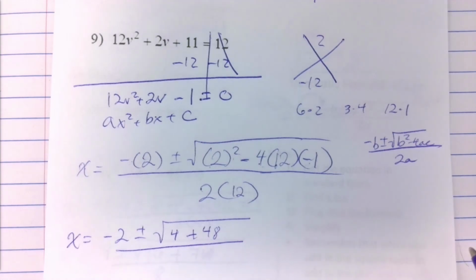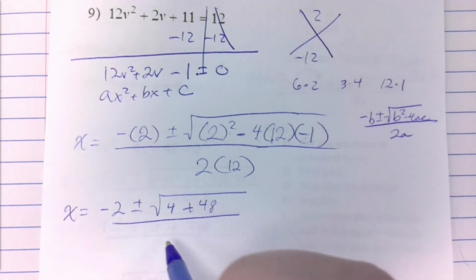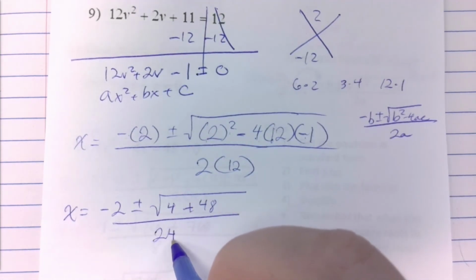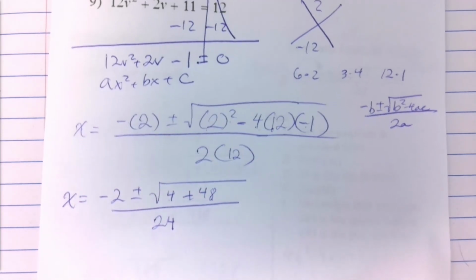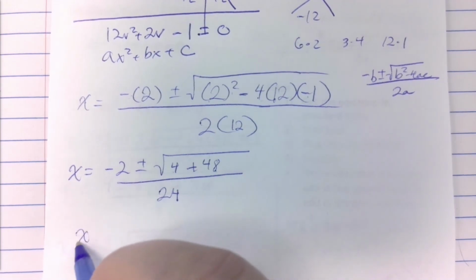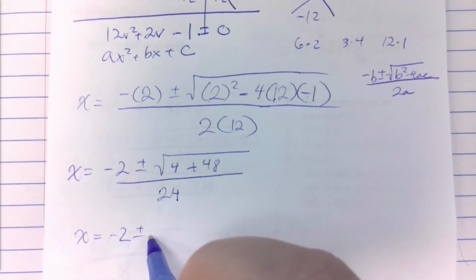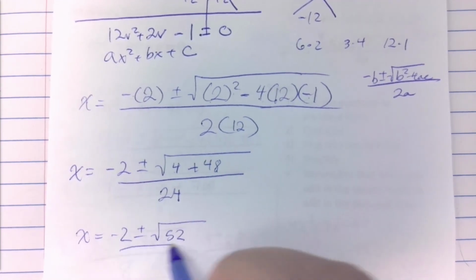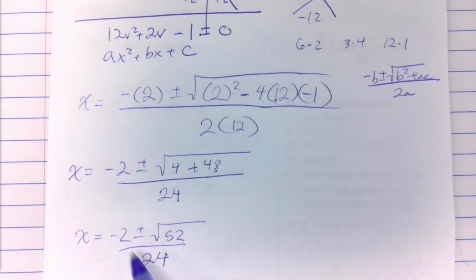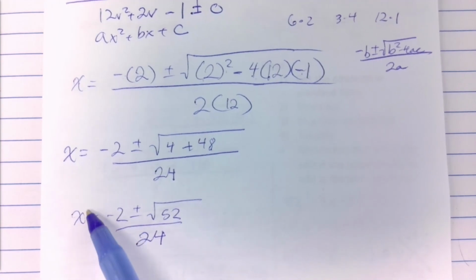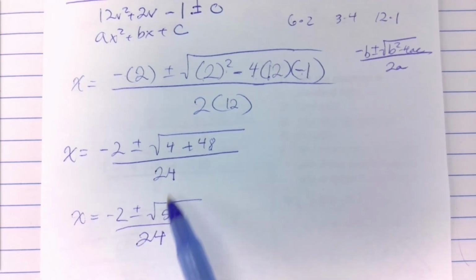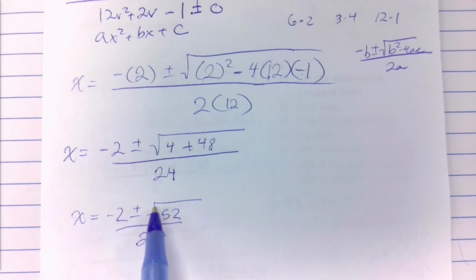What's 2 times 12? What's 4 plus 48? Can I cross that 2 and 24 out? Nope. I can't unless I can cross a 2 out of this group too.